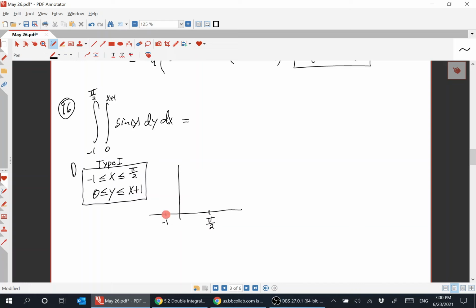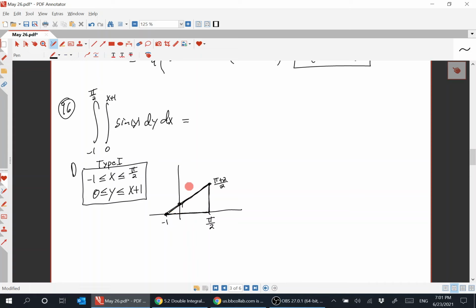So x plus 1 and -1 is right here, and then it goes up to this point right there, which is going to be pi over 2 plus 1. So pi plus 2 over 2. Okay, so instead of describing it as a type 1 region, now let's describe it as a type 2 region.